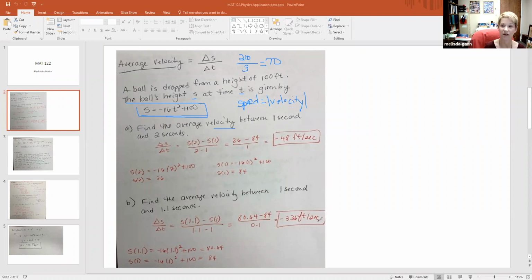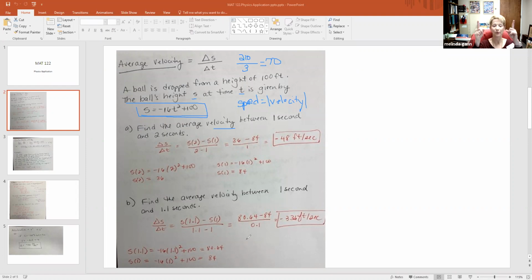Again, why is it negative? Because it's going down. Now, why is it faster up here than it is down here? Because this is going further down, remember, it's speeding up. Well, what if my goal was not to find average velocity? What if I wanted to find exactly how fast the ball was going at exactly 1 second?